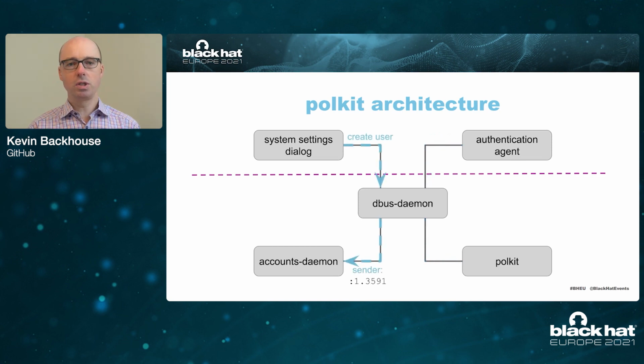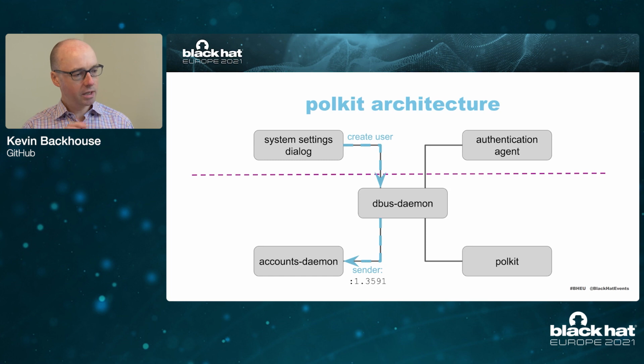Now, suppose you do something like clicking that unlock button or trying to create a new user account. Then what happens there is that a dbus message gets sent to one of the system services, and in this case, that's the account service.